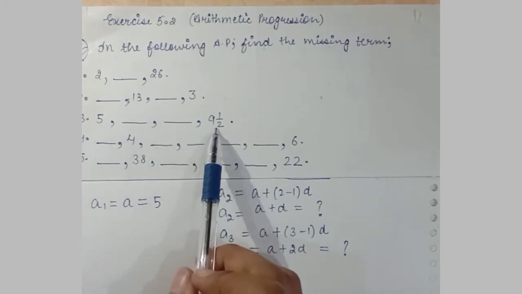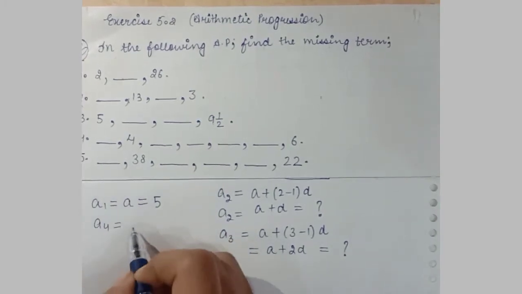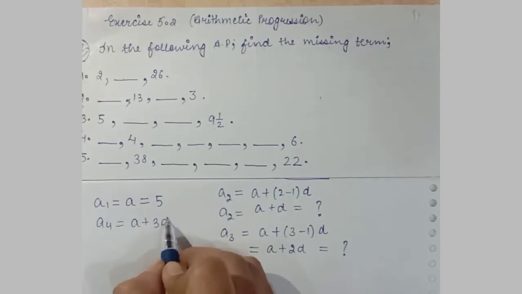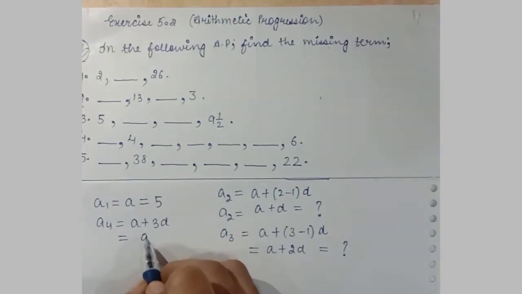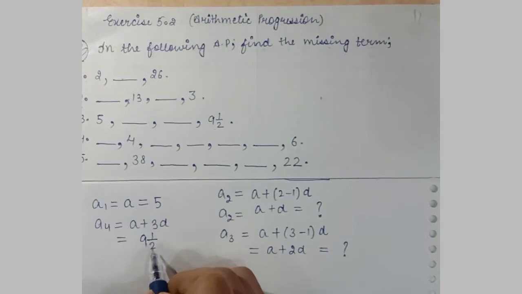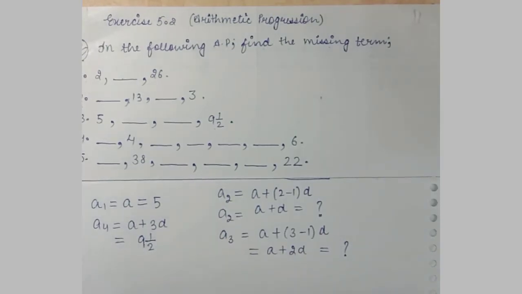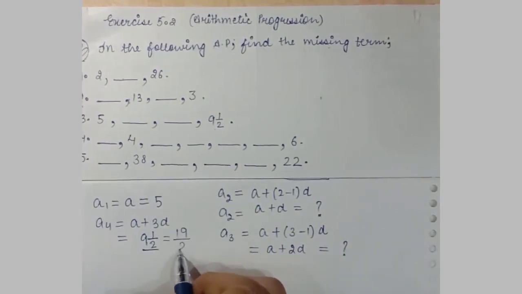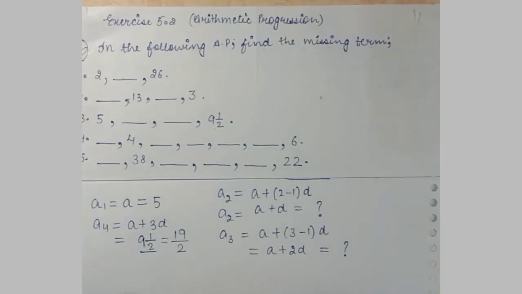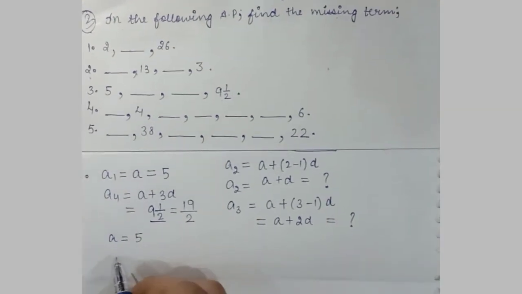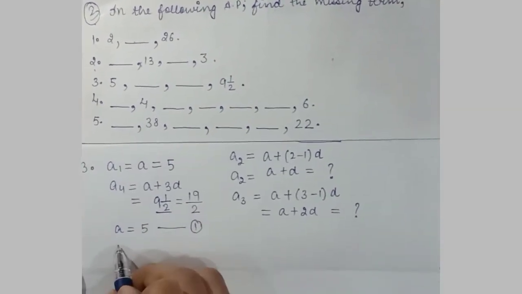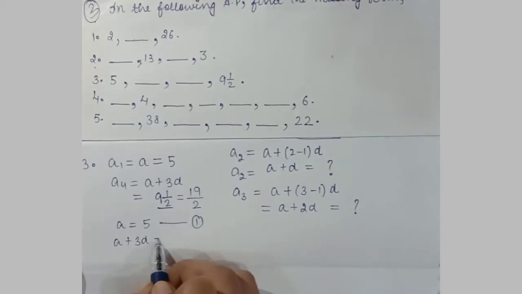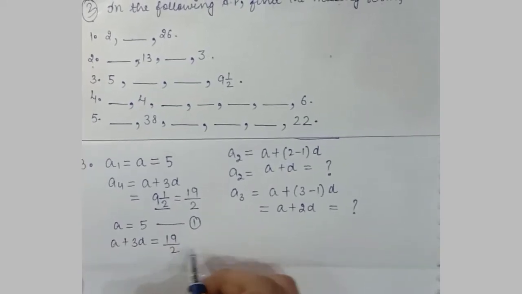Now we are given the fourth term, that is a plus 3d is 9.5, which is 19 divided by 2. In this question, we again have two equations. First is a is equal to 5, and let it be first, and second is a plus 3d is 19 by 2. Let it be second.